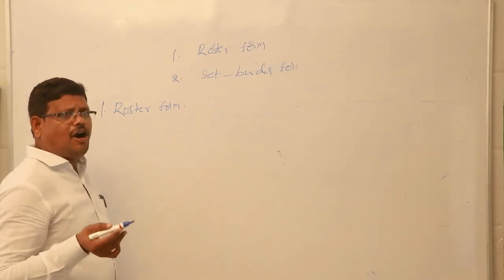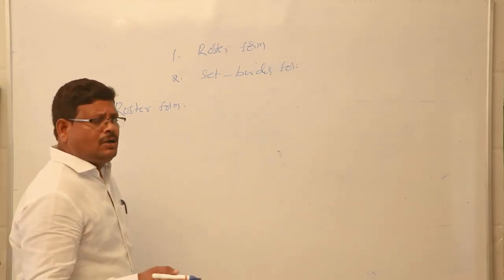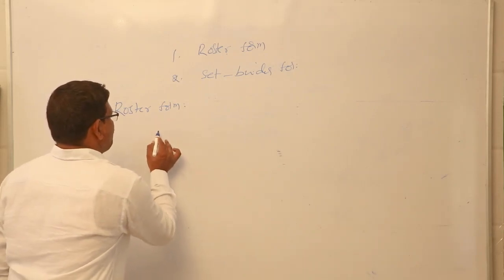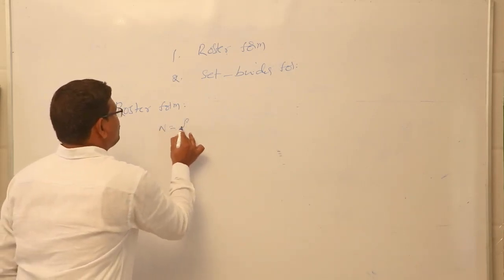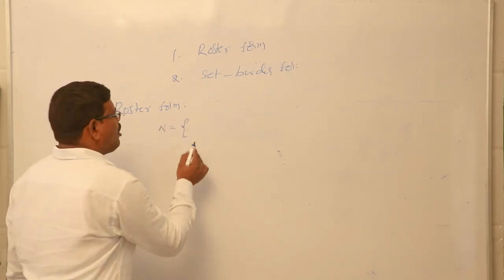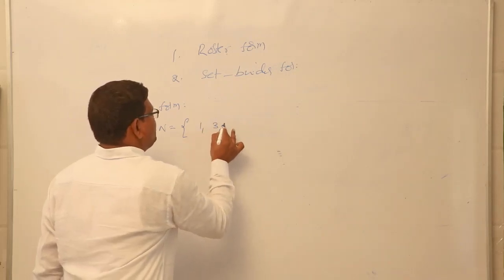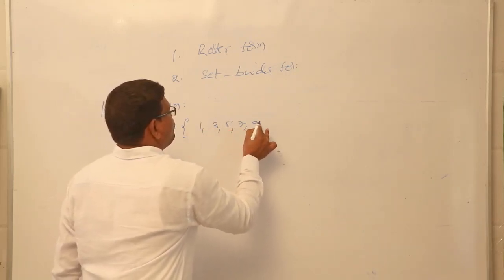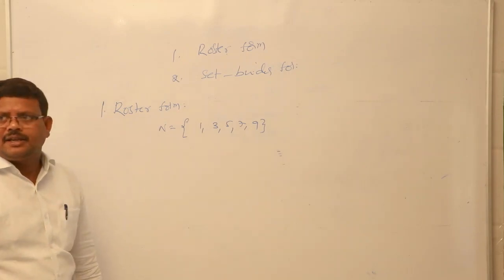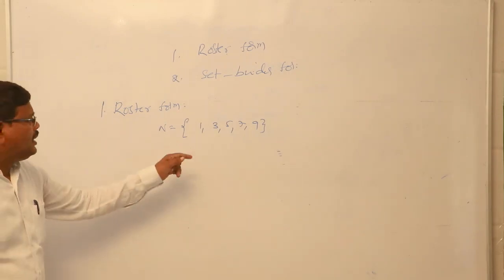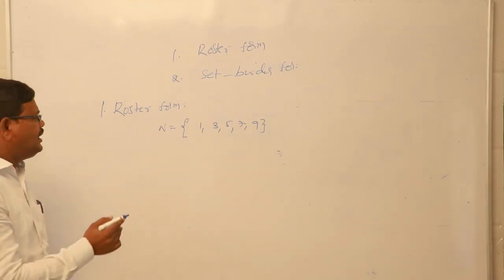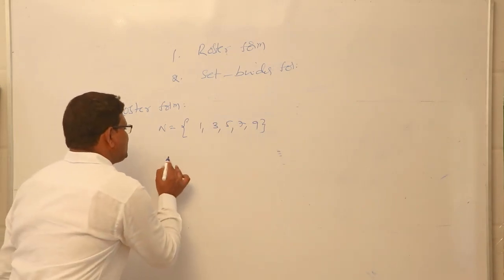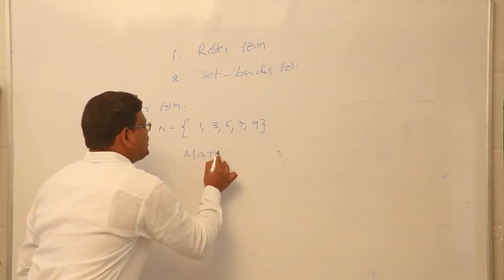Suppose all the odd numbers between 1 and 10: N equals the set {1, 3, 5, 7, 9}. Similarly, if you take a word, the word is mathematics.